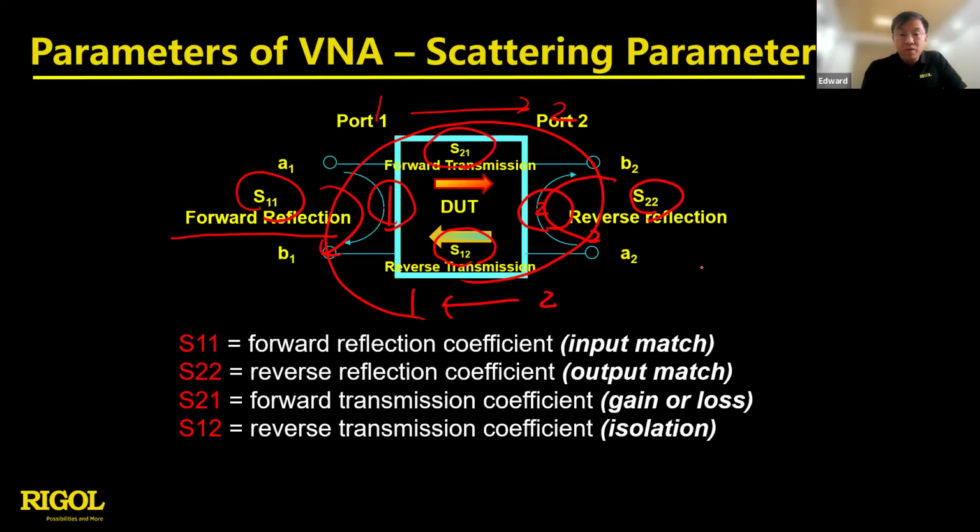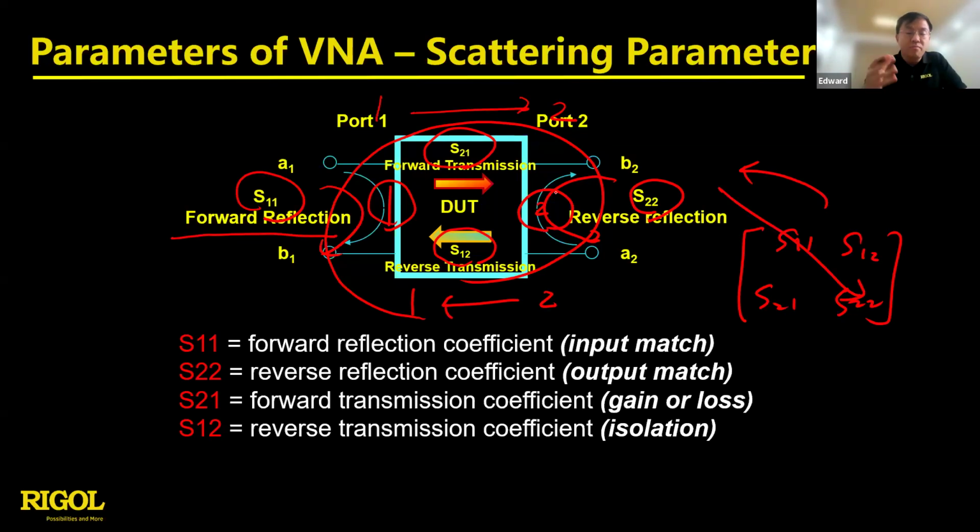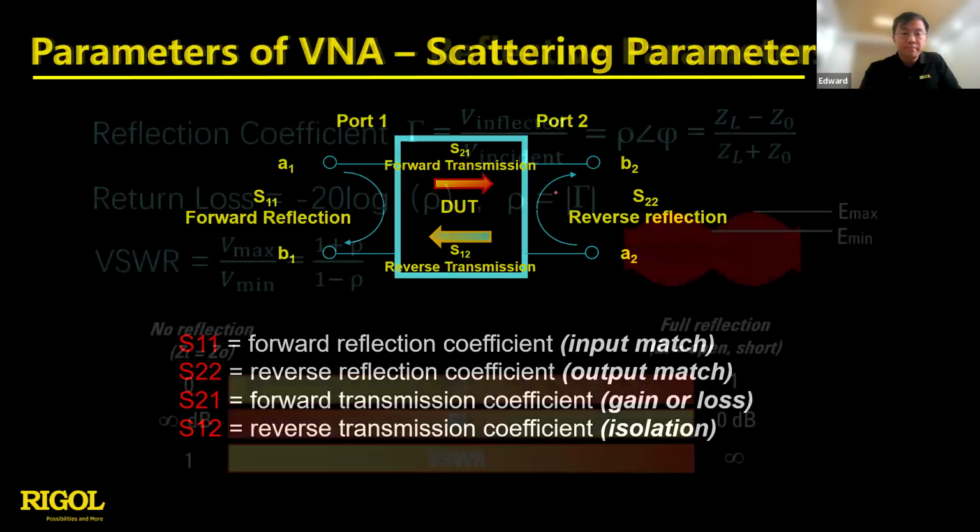So that means we also call this the S11, S22, S12, S21 matrix here. So this is isotropic media, we suppose, so we can get more information from the S parameters.